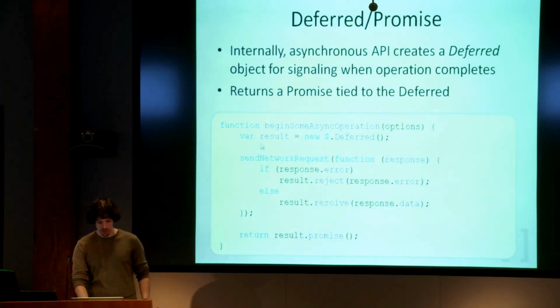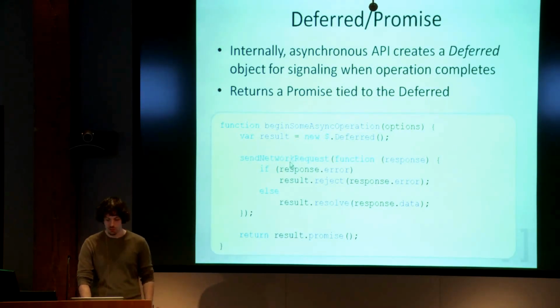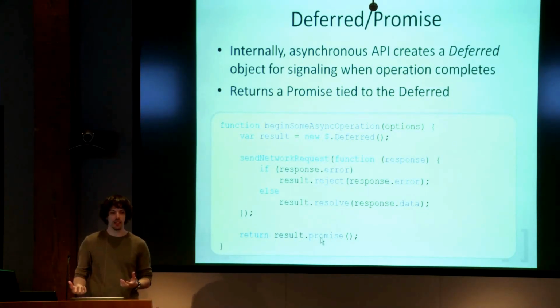And the way that basically works is you new this thing up, you kick off some asynchronous thing. So in this case, we're saying hypothetically there's some send network request method that runs asynchronously. And so you're providing it a callback here, but that method is asynchronous, so it returns right away. So all we really do is new up a deferred, kick off some request, and then return a promise object that's tied to that deferred.